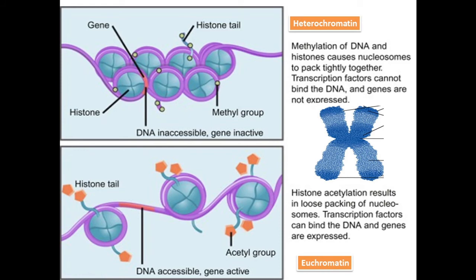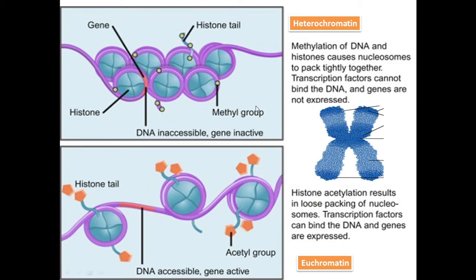Next, I promised you to explain heterochromatin and euchromatin. So what is heterochromatin? Heterochromatin is the condensed form of chromatin which is inactive, and euchromatin is the released or relaxed form of the chromatin which is active.